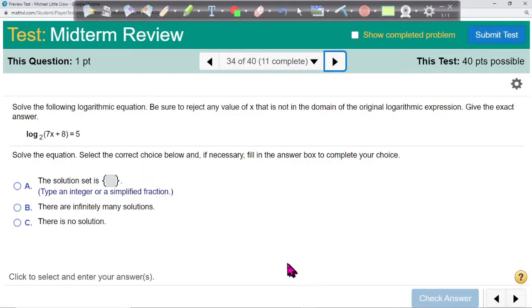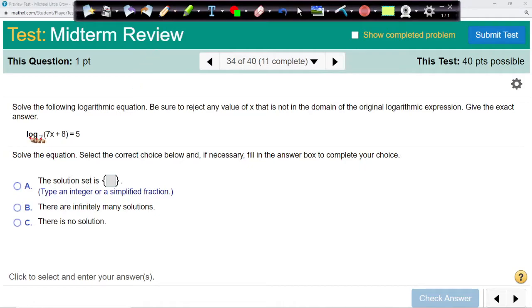7 more to go. Solve the following logarithmic equation. The best way to solve these is using that log dance. You can exponentiate, you can do what you like, but when you've got this logarithm, we do the log dance. So we're going to change it to an exponential. The base of the log becomes the base of the exponential.